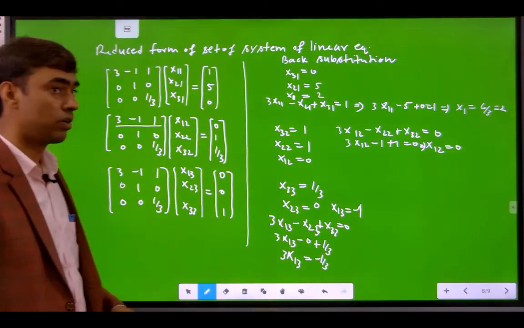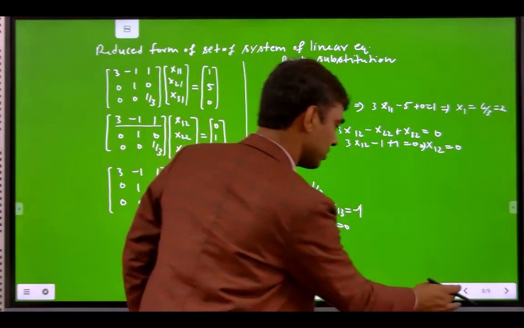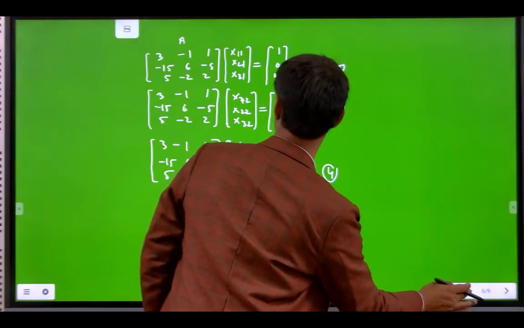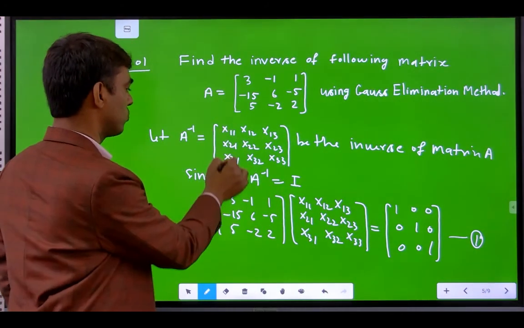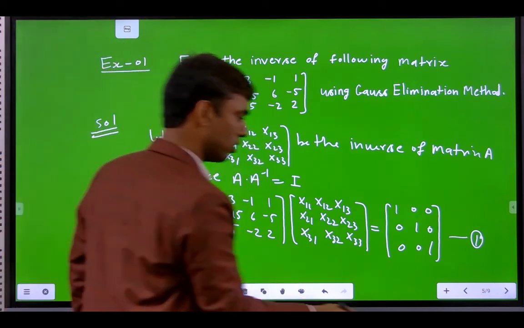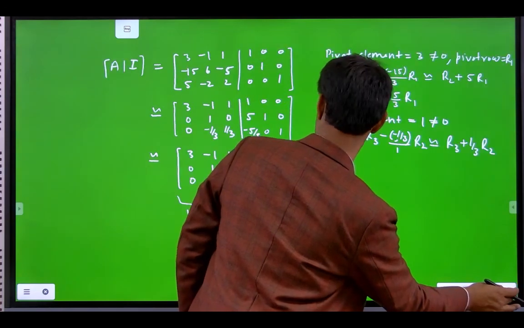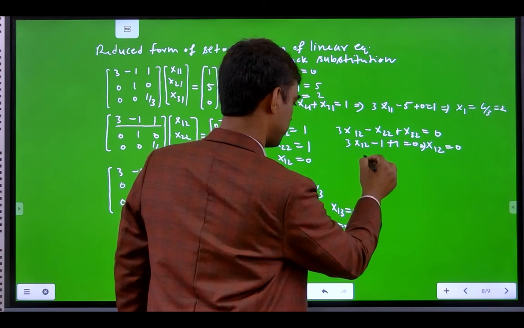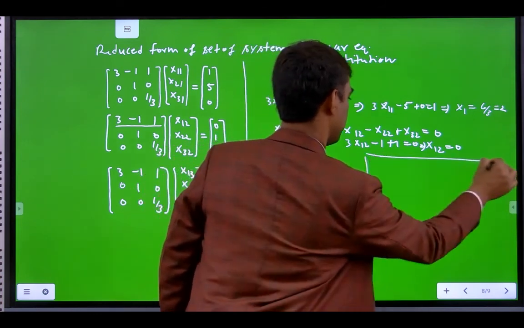Now what is the A inverse? A inverse, if we start from here, x11, x21, x31 means the first column, second column, third column. Now we write the values of x11, x12 and x13 here.